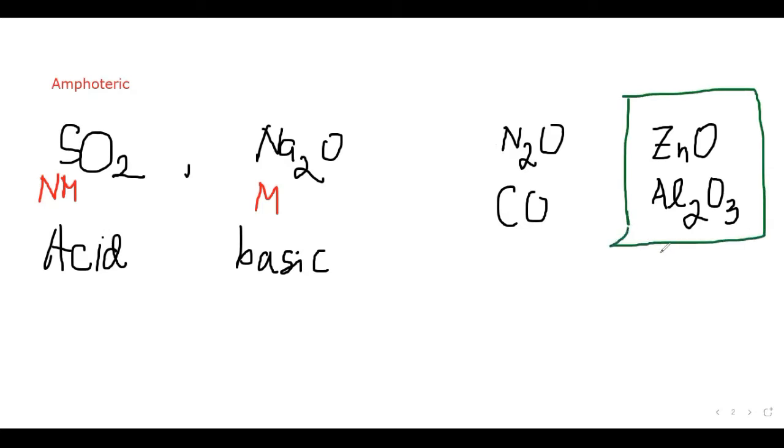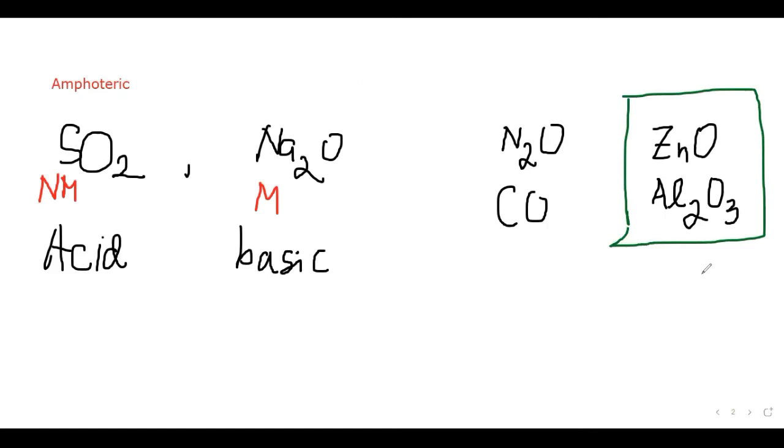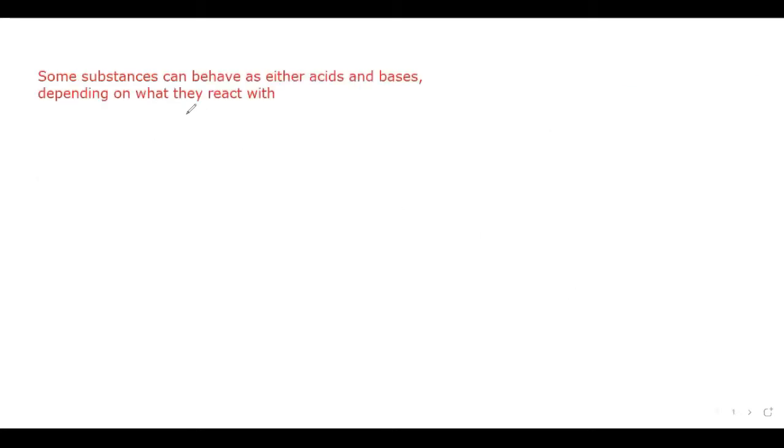On the definition, amphoteric is a substance that can behave as either acid and base, depending on what they react with. And amphoteric is a very general name. So it covers all substances that can behave as an acid and also base. But when we discuss this topic, specifically when we talk about Bronsted-Lowry topic, we have another terminology that you guys have to pay attention.